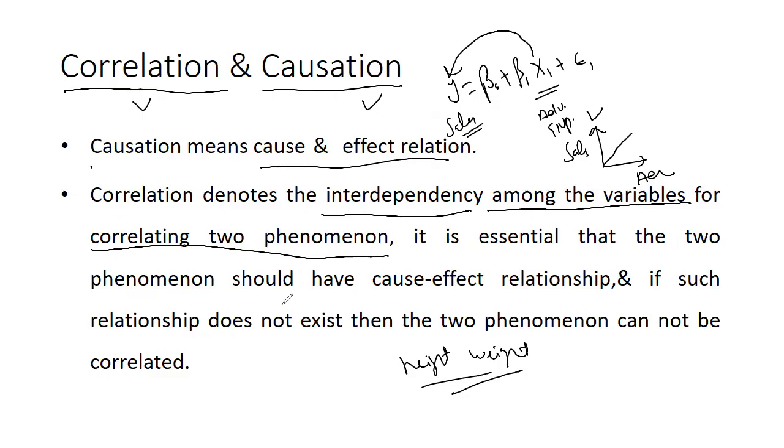It is essential that the two phenomena should have a cause and effect relationship, and if such a relationship does not exist, then the two phenomena cannot be correlated, because theory says that when height increases, weight also increases. If theory says there is no relationship, we cannot say there is a correlation between the two variables.